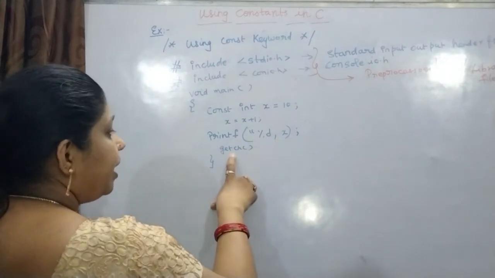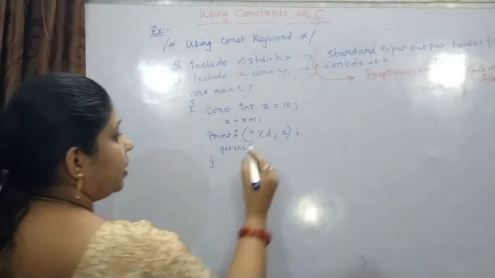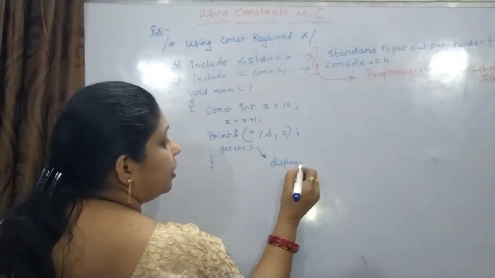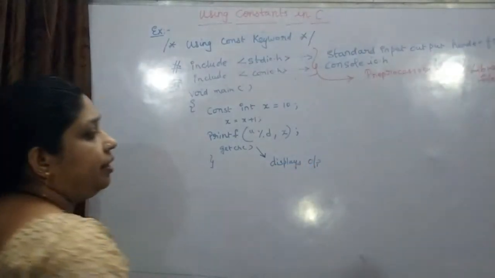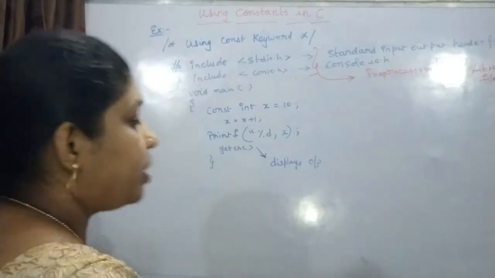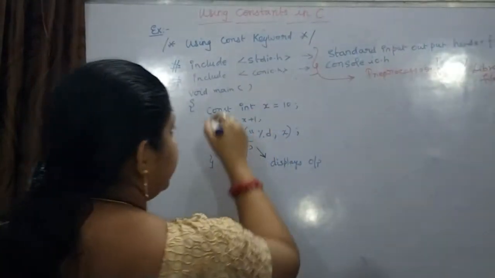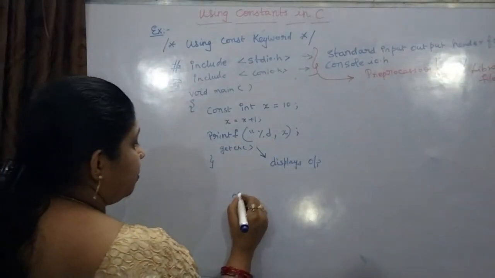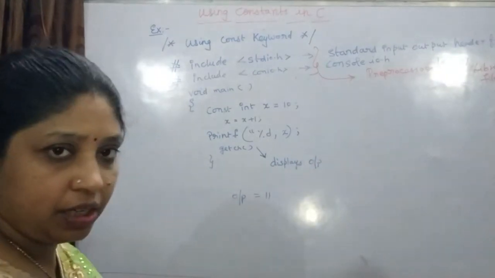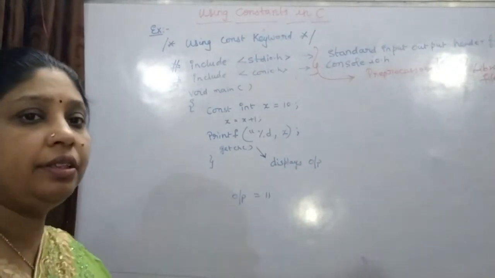The getchar function displays the output on the screen. So the output for this program should be 11. But do you think it will give the answer 11?